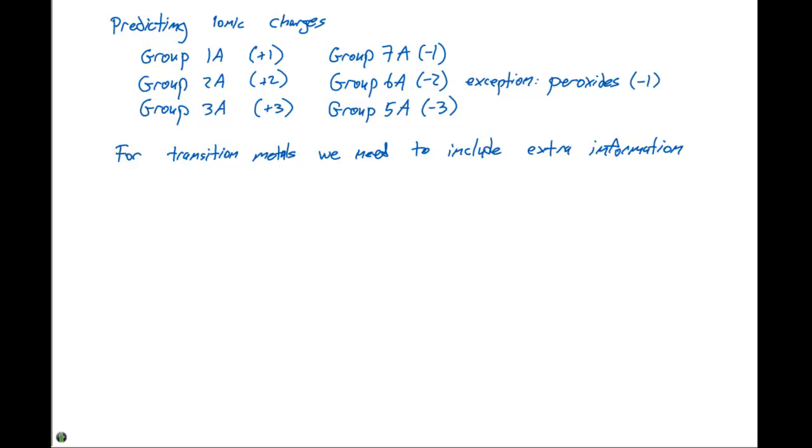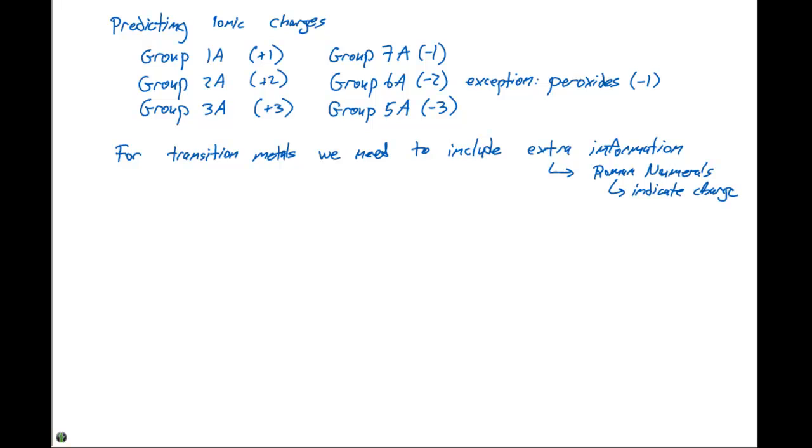And this quote-unquote extra information is going to be Roman numerals. And these indicate the charge of the transition metal cation.